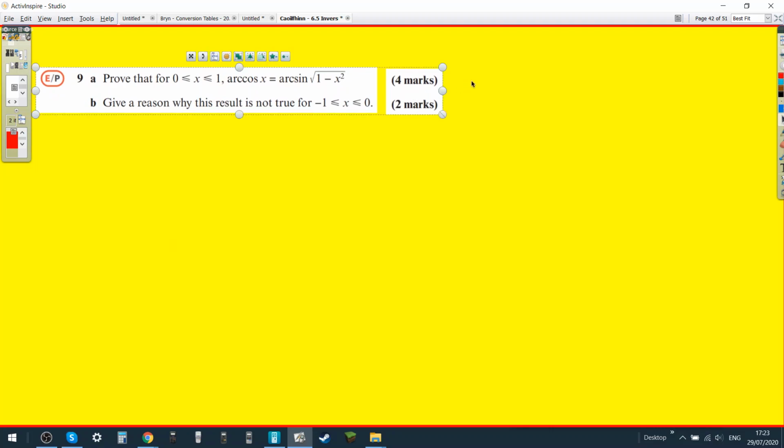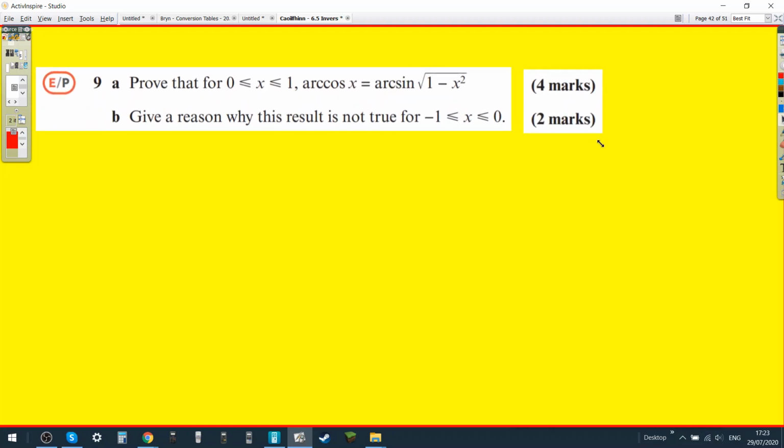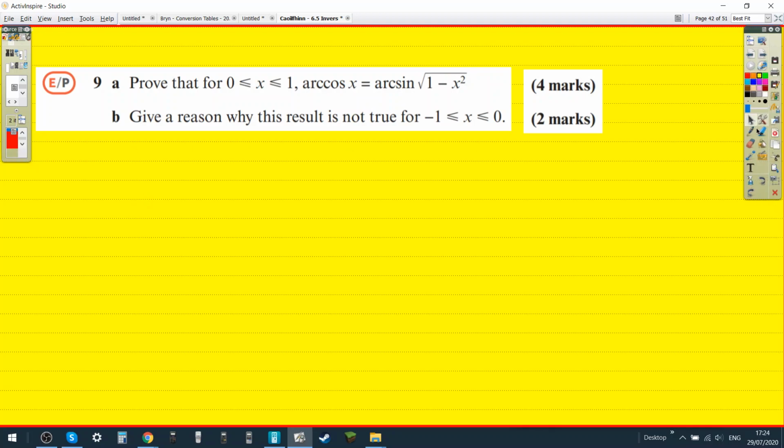Oh, let's try this. Would you cos and sine both sides?